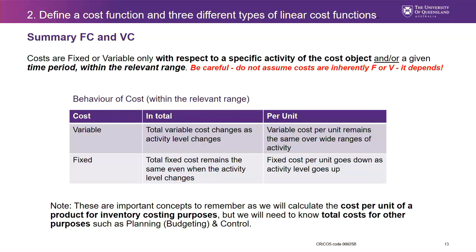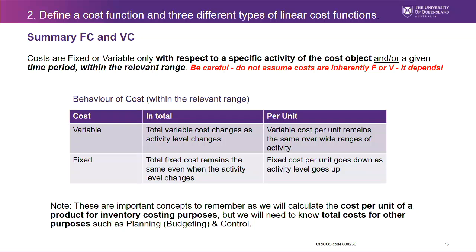However, per unit, that's not true. Per unit, because the slope of the line is constant in our example, our variable costs per unit remain the same over the wide range of activity, because B is constant. B is the variable cost per unit.